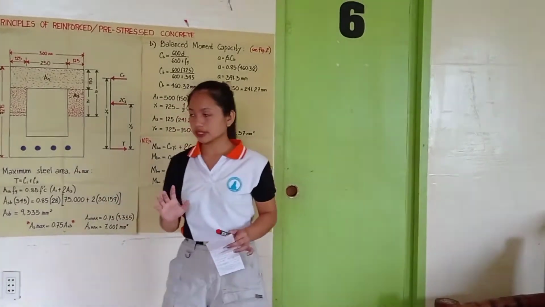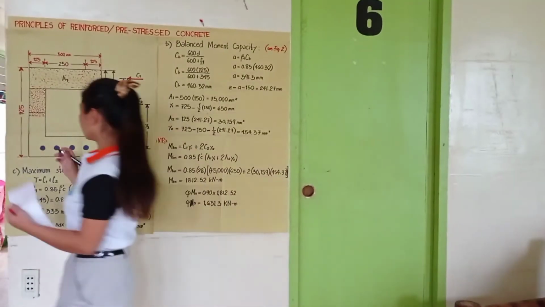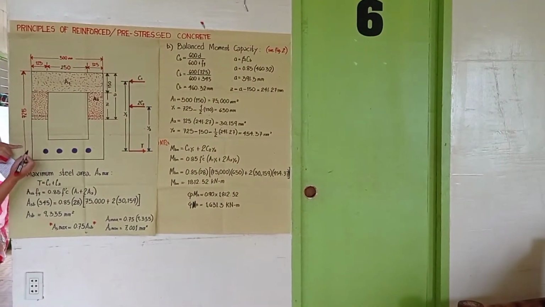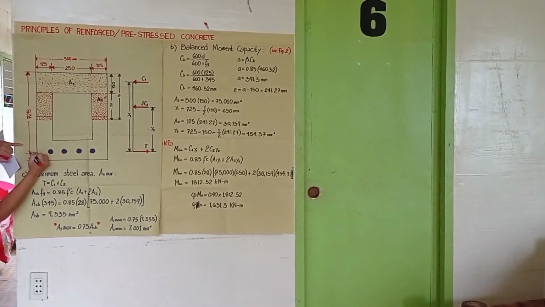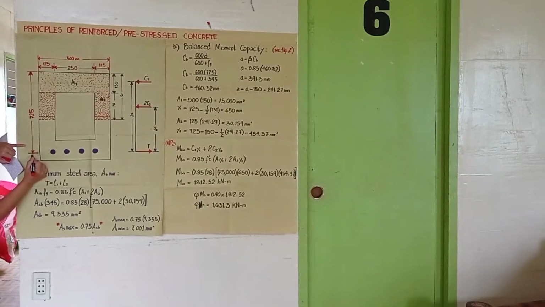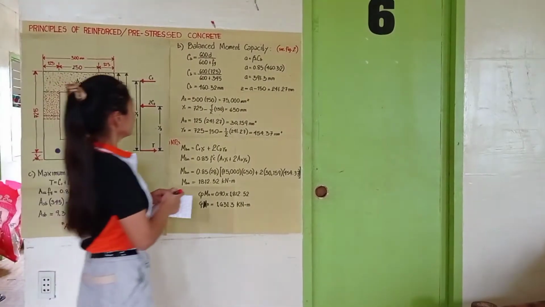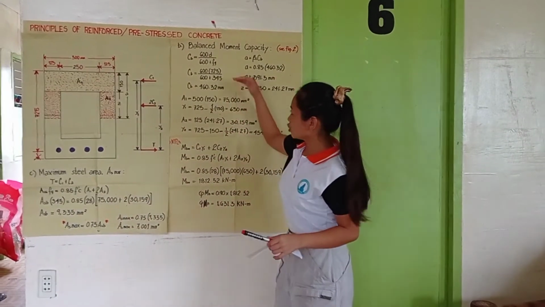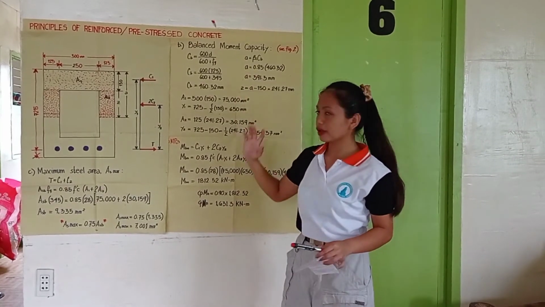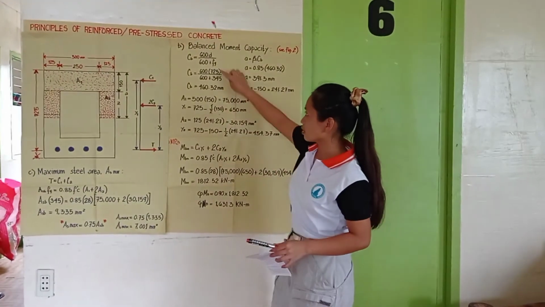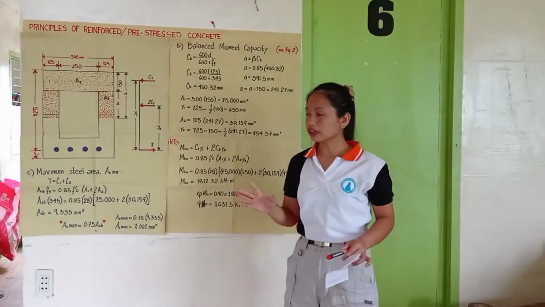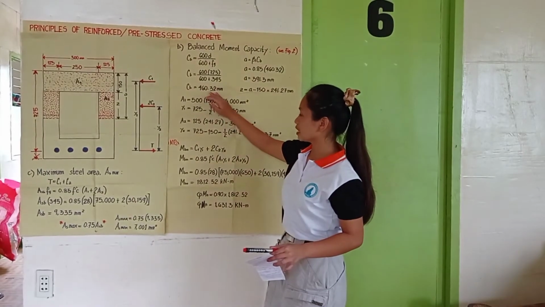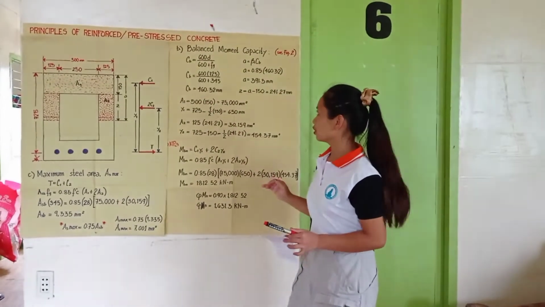I'm sorry that this figure is faulty. 725 starts here. So that is 725 over 600 plus 345, which is our Fy. Through calculations, we arrived at 460.32 millimeters.